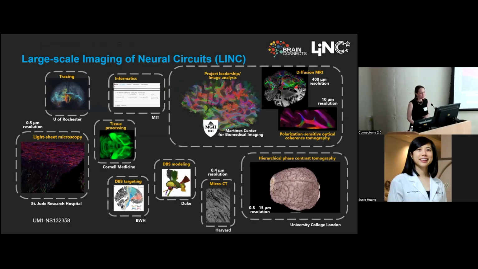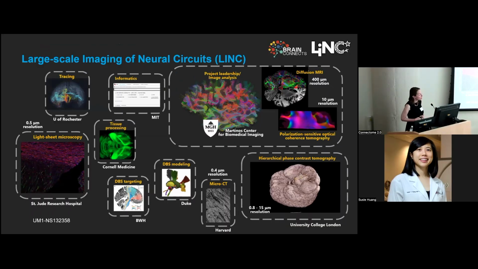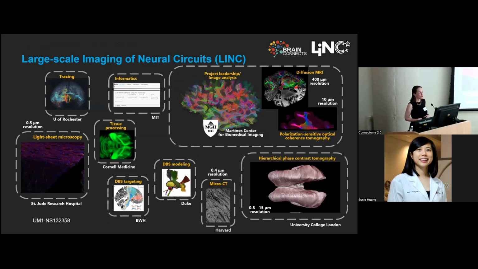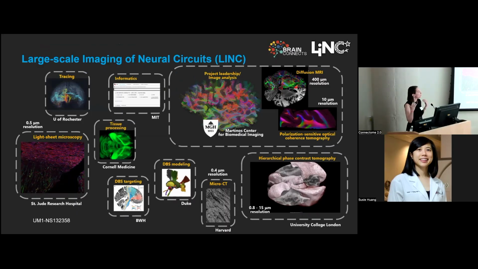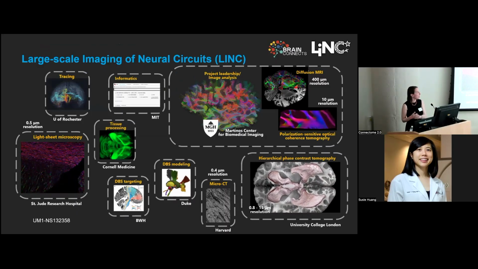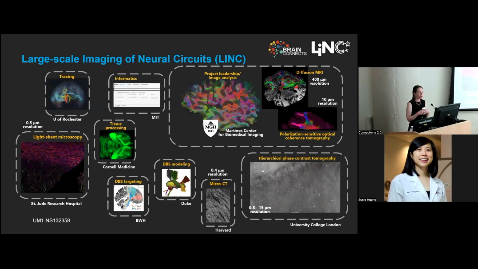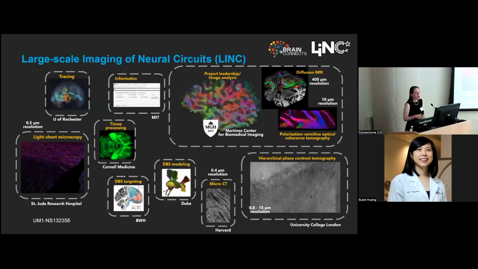And so we were pleased to receive one of the 5 comprehensive centers that were funded by the Brain Connects program. This is the Center for Large-Scale Imaging of Neural Circuits, where we are collecting both mesoscopic diffusion MRI and different kinds of X-ray and optical microscopy in the same brains. You'll see some of the data from the LINK project in the afternoon in the talks that Ting Gong and Kiara Maffei will present.